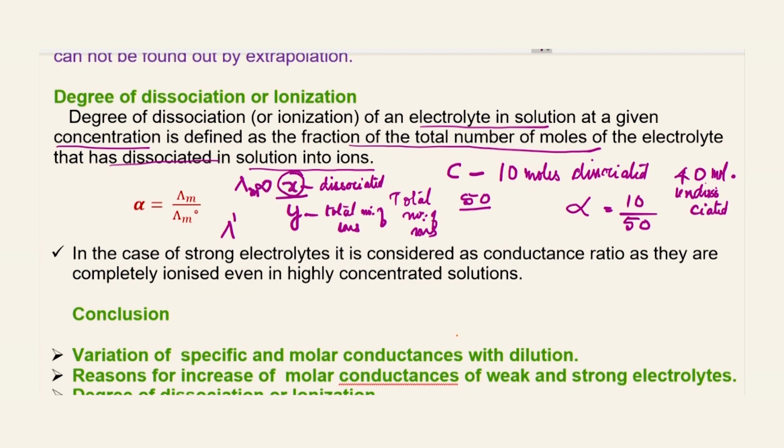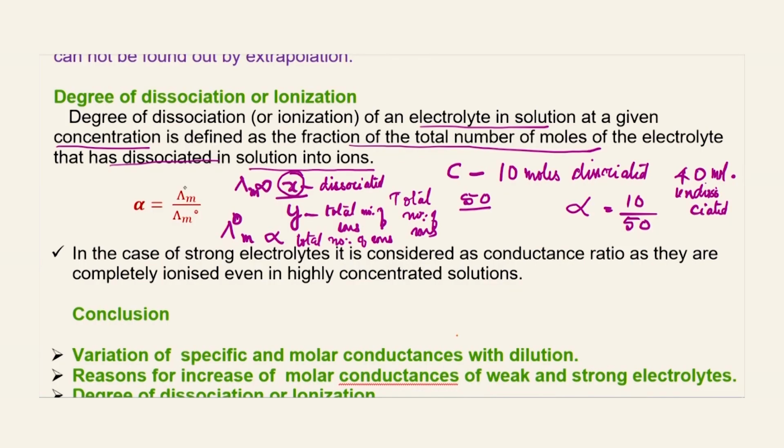Now, lambda m at infinite dilution, the limiting value where all the ions are dissociated, means lambda 0 m can be taken as proportional to the total number of ions. So, lambda m corresponds to the number of ions dissociated at that concentration, and lambda 0 m is proportional to the total number of ions, when all the electrolyte has been completely ionized.